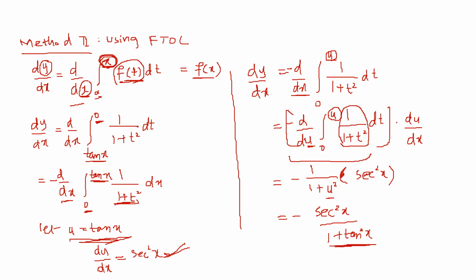From the trigonometric identity, this is equal to secant square x, so we have minus secant square x divided by secant square x. These two terms cancel out each other and we are left with dy by dx equals minus 1. That was the answer in our first method as well.